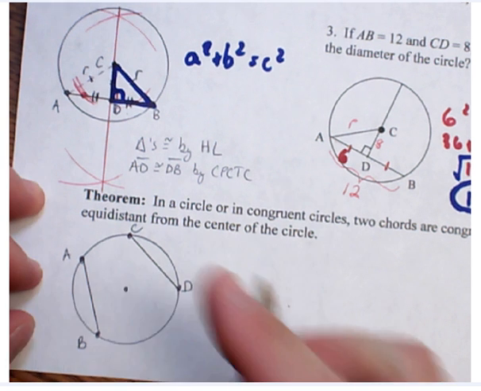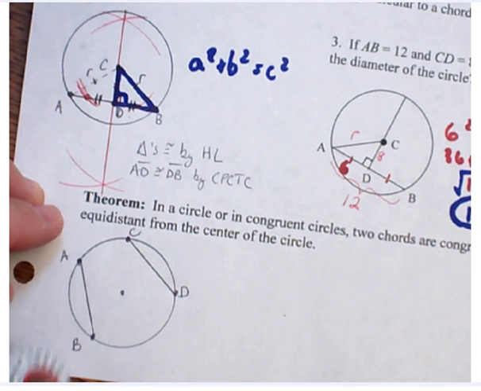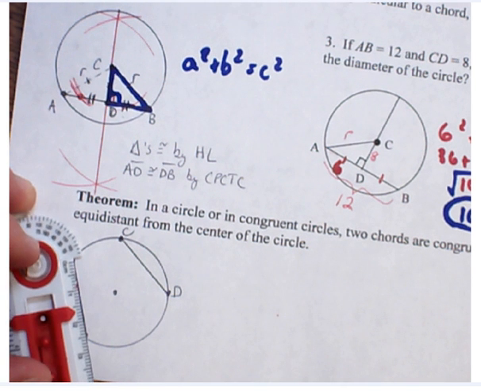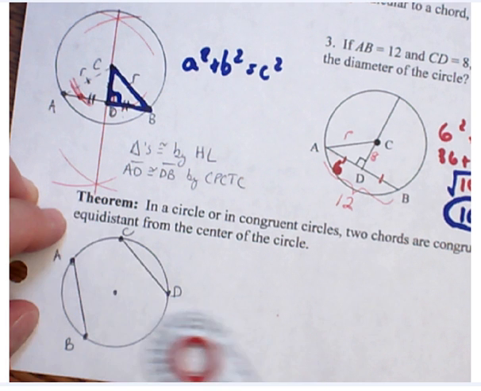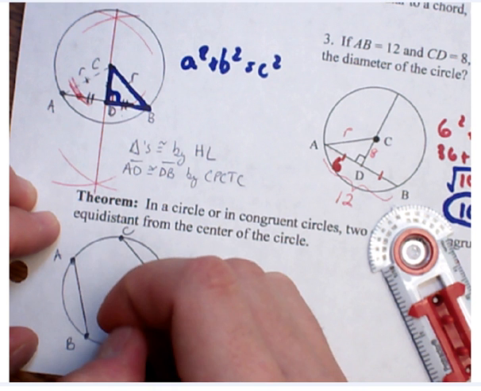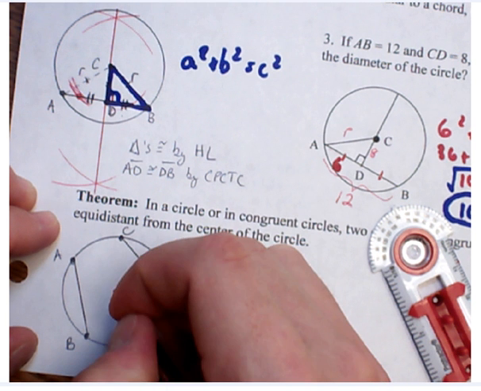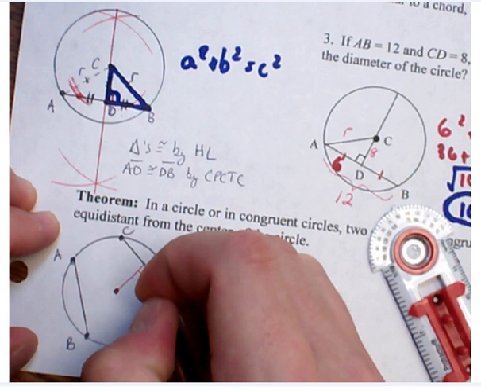Now, assuming that these are congruent, and I think they are the way I measured them, I might be off a little bit. Yeah, 2.5. That's a little bit short. That's okay. If we draw the distance from the center, now distance is a perpendicular. Distance is always 90 degrees.